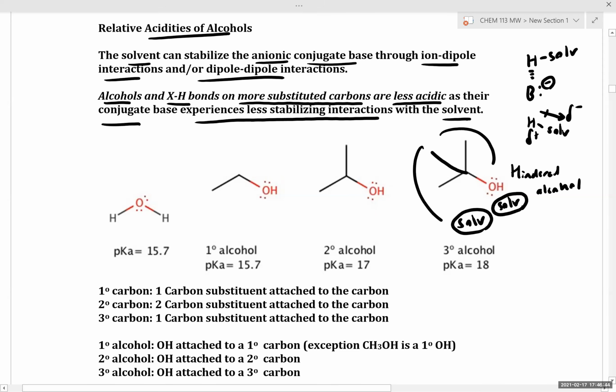So the conjugate base is less stabilized by our solvent, and as a result, the parent alcohol is less acidic. So as we go from water to a primary, secondary, and tertiary alcohol, we notice that our acidity decreases. Does that idea of substitution and alcohol acidity make sense?